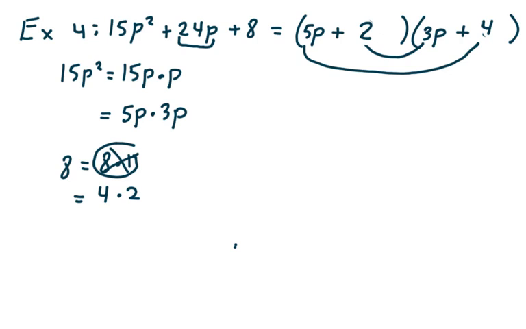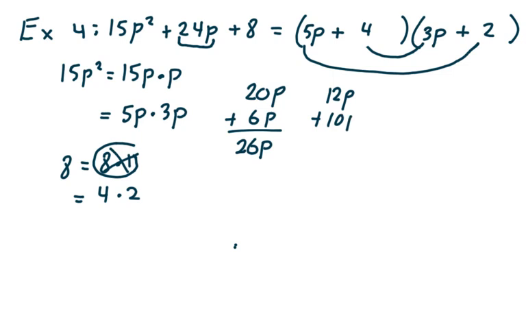Now, let's take a look. If I take 20p and I add 6p, notice how I get 26p. That's not 24p. So that did not work. And in fact, if I switch these, if I put the 4 here and the 2 here, I claim that still doesn't work. So 12p plus 10p is 22p.